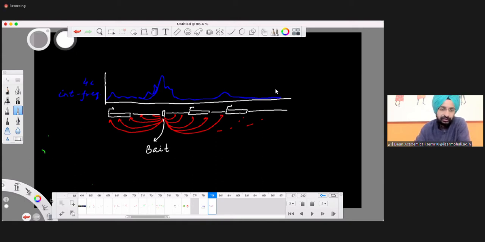And as you see, the signals are decreasing as I go far away, but as I come very near to the bait, there are high frequency signals in the proximity. This implies that we cannot have one cutoff on the y-axis to say that this is my cutoff to call a signal and the rest is noise.